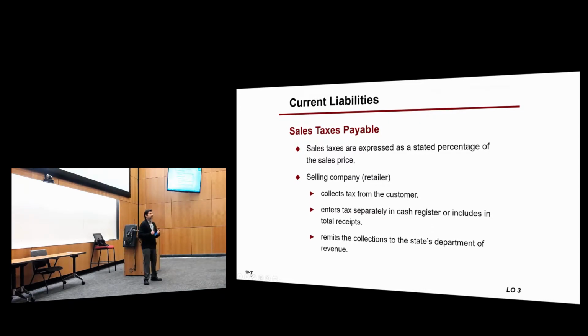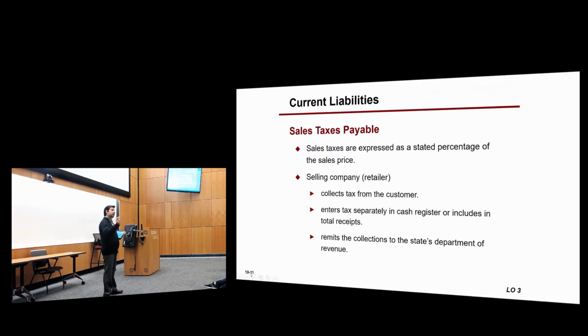Now the company, when they make a sale, does not include taxes in their revenues because they are not earning the money. That money is not paid for them. Although you are paying the company, let's say when you buy something from Best Buy, you pay $500 plus 7%. However, the company is simply a channel.